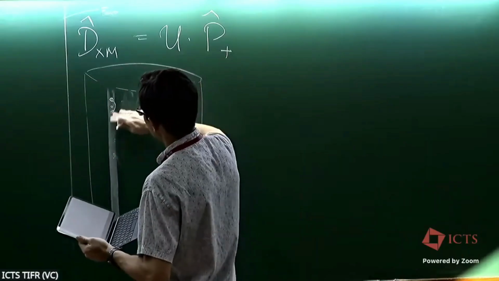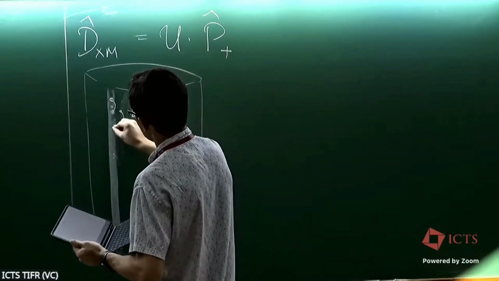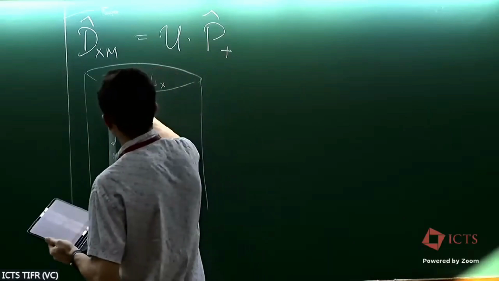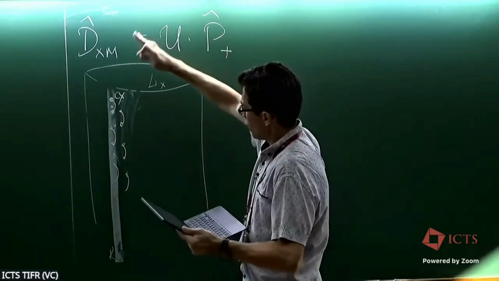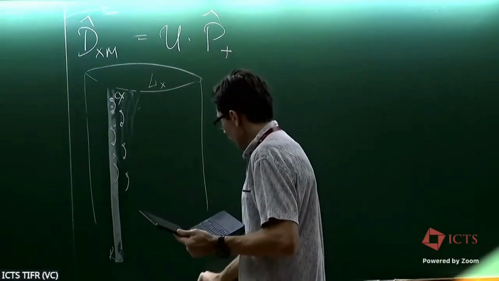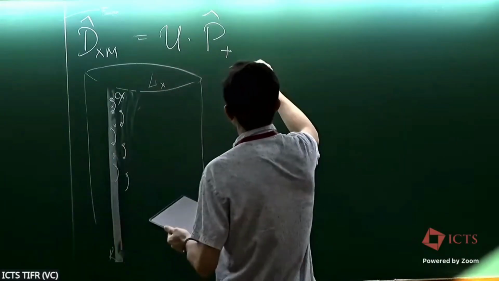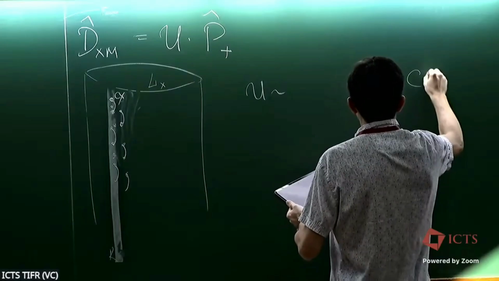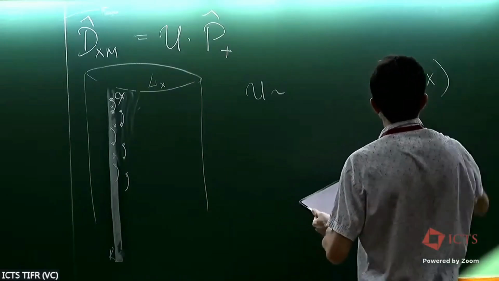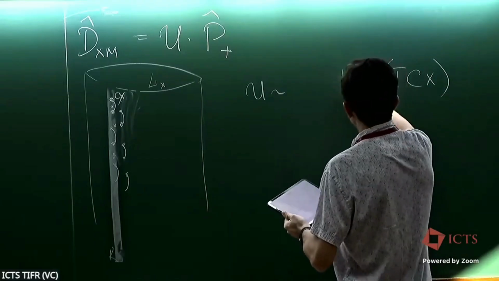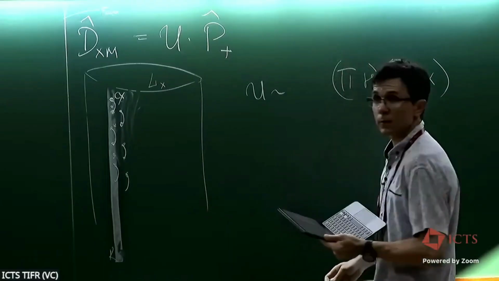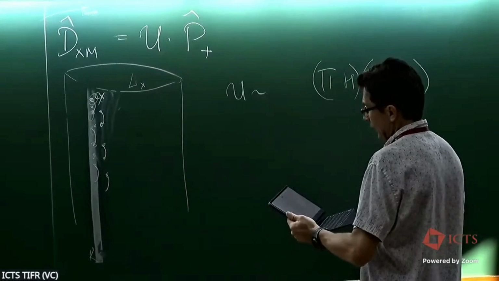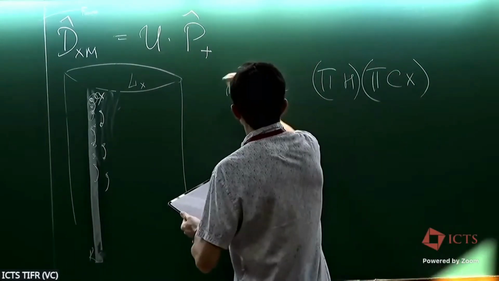If I were to do it, I would have to do it in two steps, so this would be a two-layer circuit, and these would be CX operators. After you've acted on a row with CX, you then apply a bunch of Hadamard operators. Formally, this U would schematically be a product of CX operators, then a product of Hadamard operators acting on all the sites in a given row, and then to top it off, you would have products of control Z's.